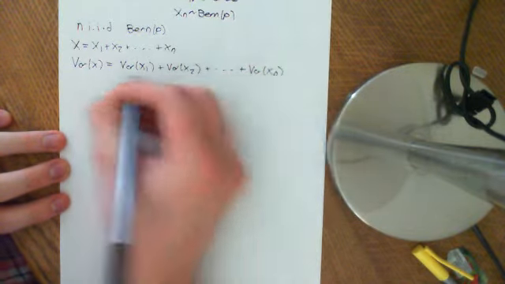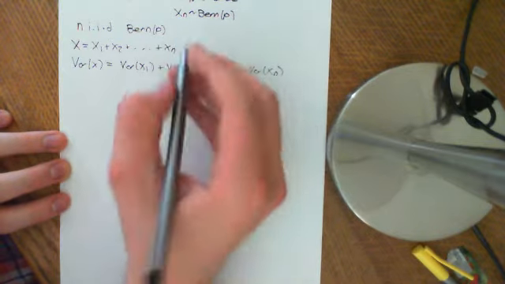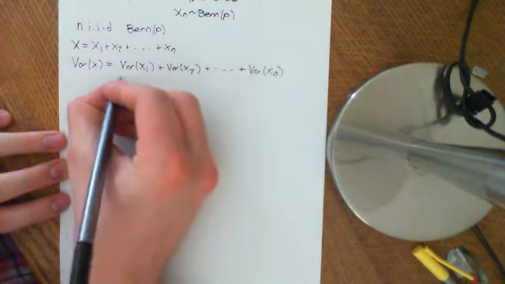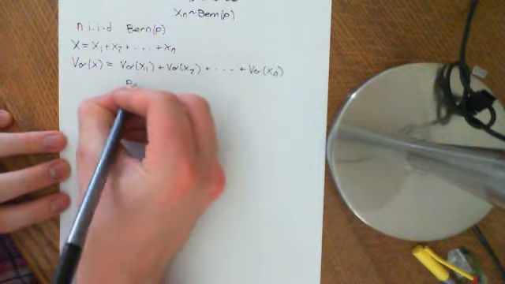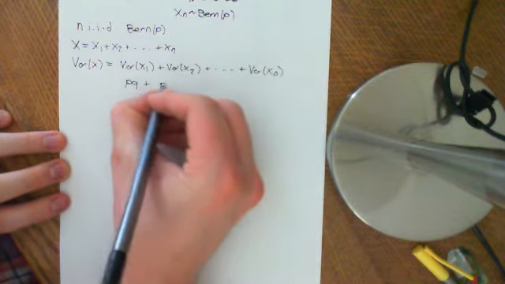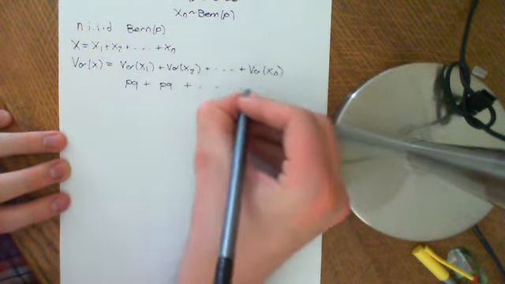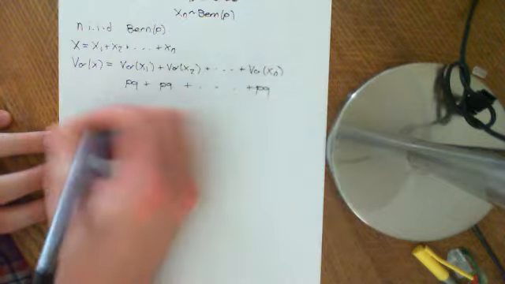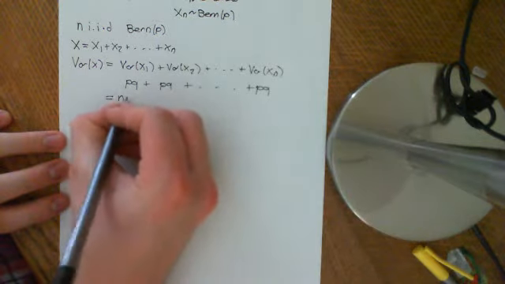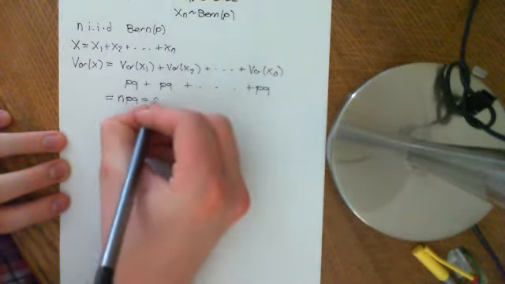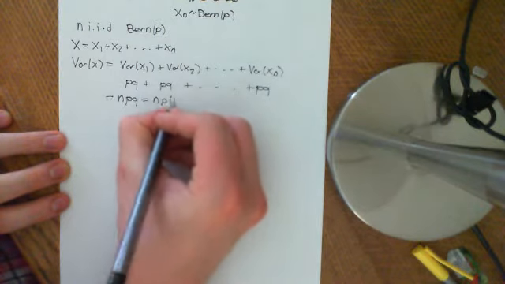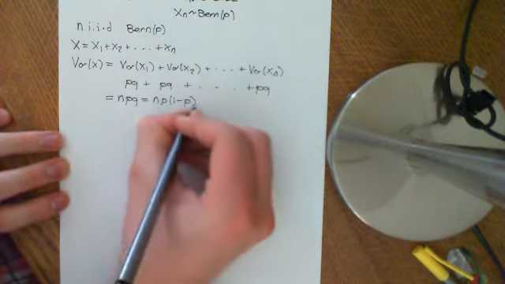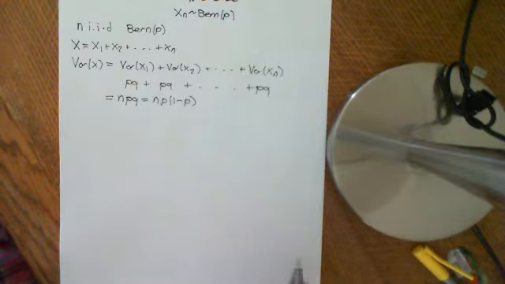And we know that all of these are distributed Bernoulli p, and we showed in the previous video that their variance is pq. So we're going to add up pq plus pq all the way up to the nth one, which is also pq. So overall the variance is npq, and occasionally you'll see this written np(1 minus p); in fact, that's more common. So that's the variance of a binomial distribution.